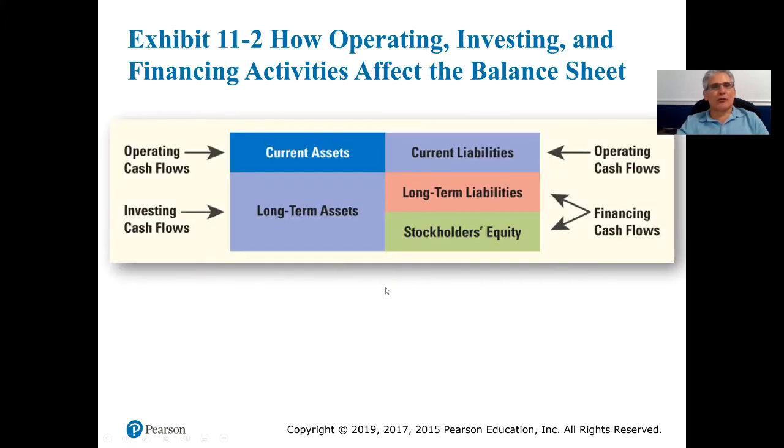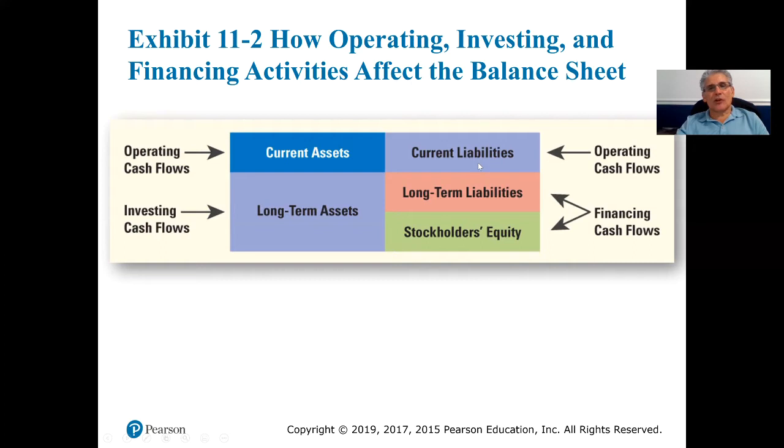Here's a graphic that shows how the areas of the balance sheet impact the statement of cash flows. So, for example, on the left side, you have assets. More specifically, you have current assets. Current assets will impact operating cash flows. Long-term assets will affect investing activities.